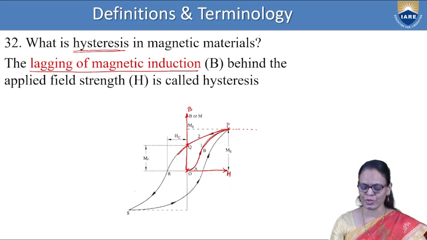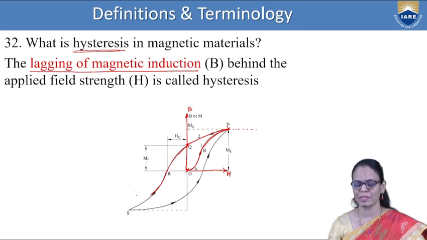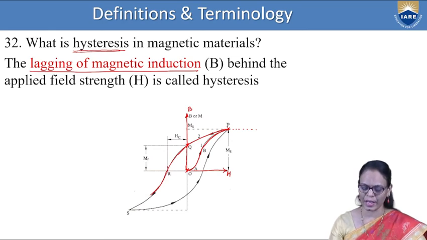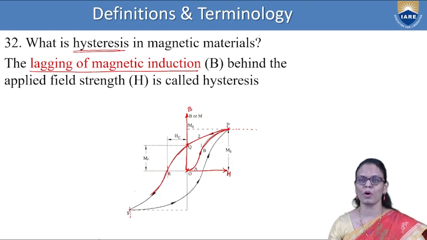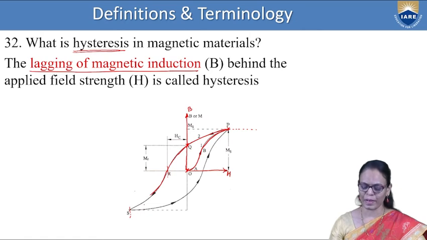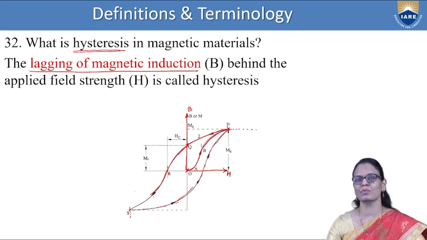Then as you trace it back, the magnetic induction becomes 0 in the negative direction. Again, in the negative direction, this is the saturation point. As you apply the field again, this is how the curve is traced, and we call this loop the hysteresis loop.